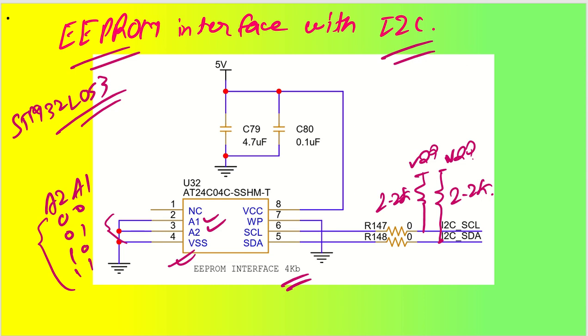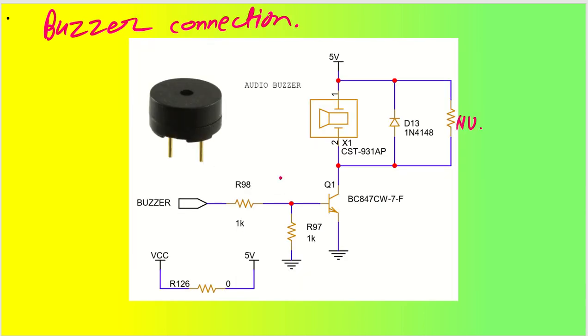As I was mentioning about the buzzers, they are almost always used for audio applications or beep applications. This is a 2.7 kilohertz buzzer. I will be driving the buzzer with a PWM signal coming from my microcontroller, at 2.7 kilohertz with 50% duty cycle.